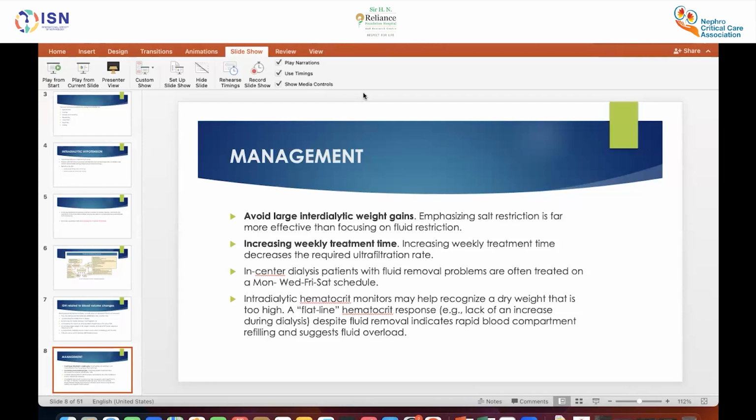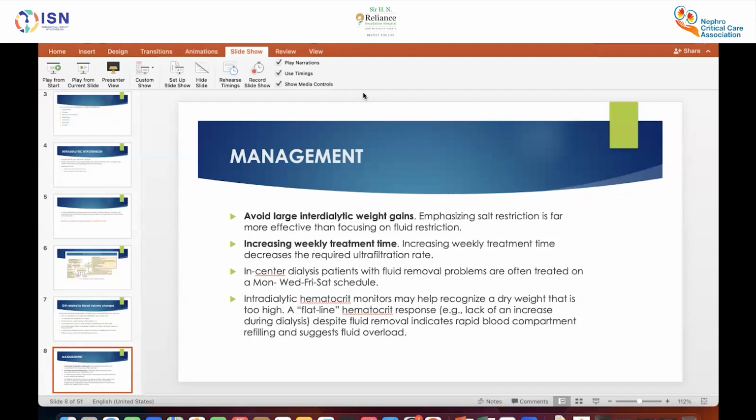A flatline hematocrit response, a lack of increase during dialysis despite fluid removal, indicates rapid blood compartment refilling and suggests fluid overload. That has been mentioned over there. What does that mean? I'm not aware, sir. Resma, have you read this, or have you just overlooked it? Not read about this, sir.